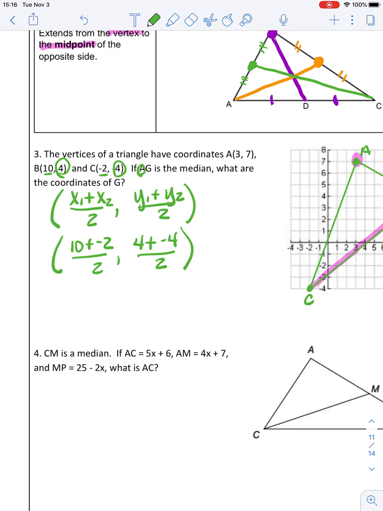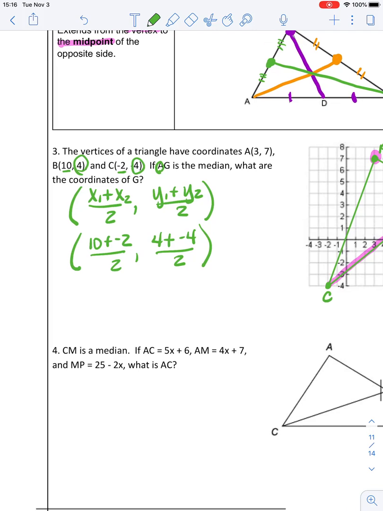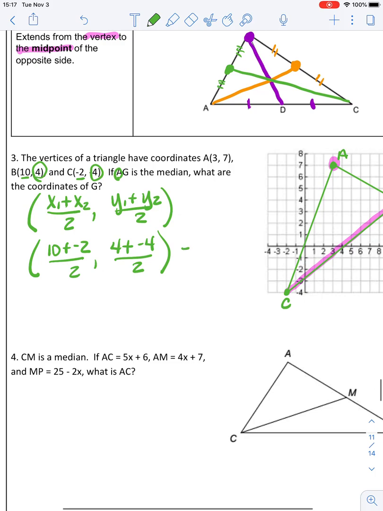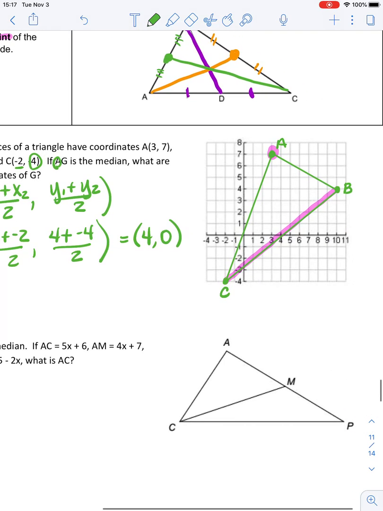Because it says it starts at A, I don't use A as the midpoint. So 10 plus -2 is 8, and 8 over 2 is 4, and 4 plus negative 4 is 0, and 0 over 2 is 0. So my midpoint is at 4, 0. So there's my midpoint right there. So the coordinates of G is at 4, 0. So this is the answer to the question.